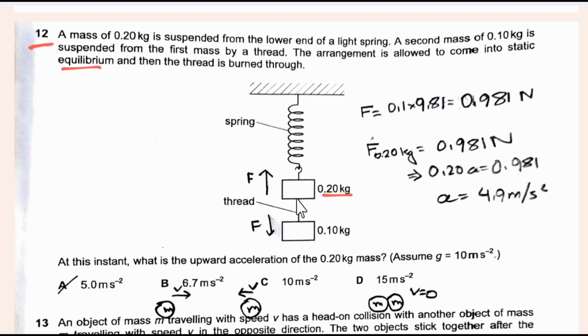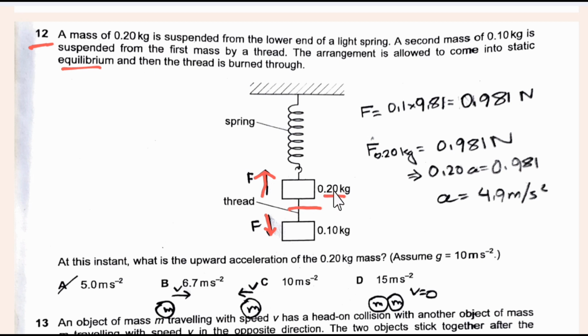Now the thread is burned through, so the 0.10 kg mass would move downward due to gravity, and the 0.20 kg mass is moving upward.